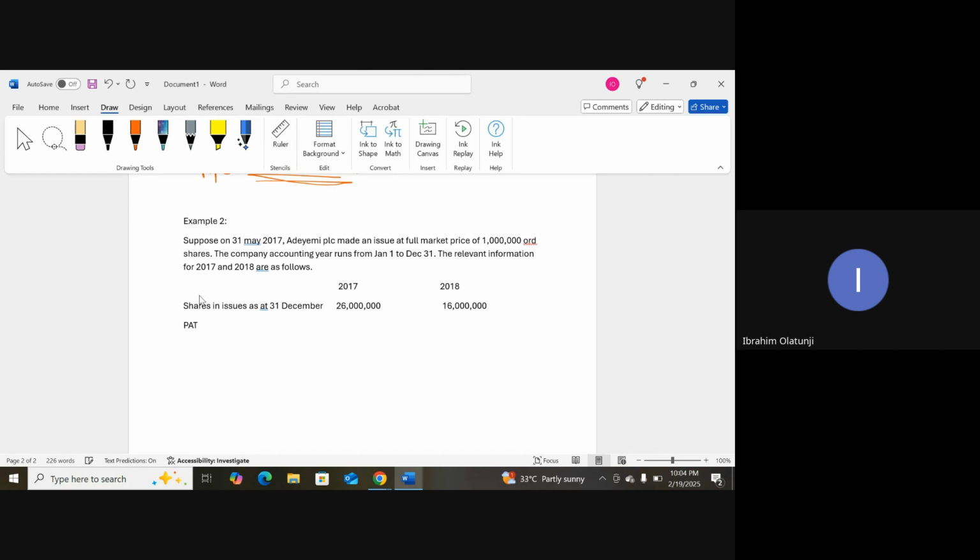Profit after tax and preference dividend: 7 million naira, and 6.6 million naira.